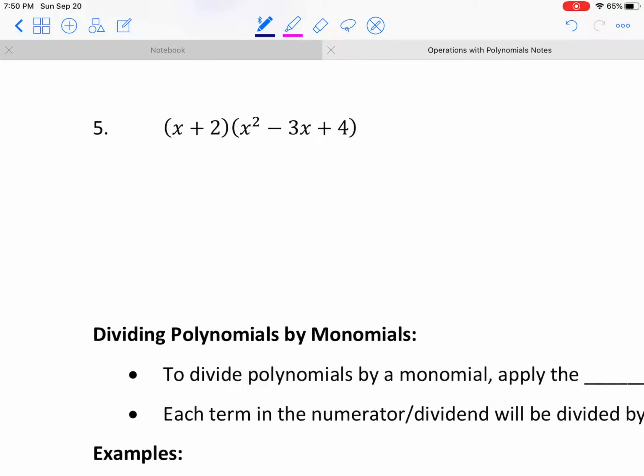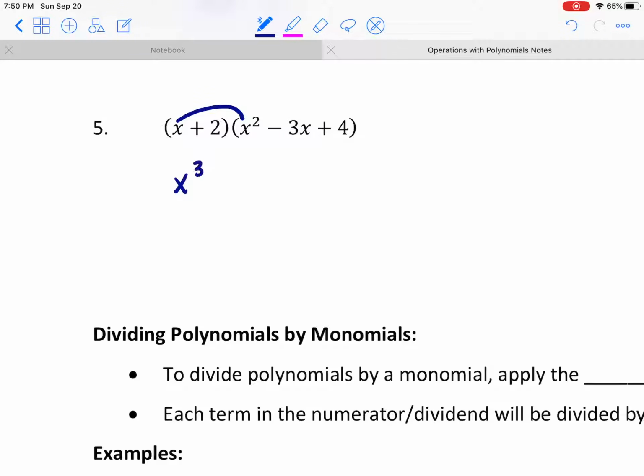How many times are we going to be using the product rule here? Well, if I'm multiplying 2 terms by 3 terms, 2 times 3, that means I should be using my product rule 6 times. So the first 3 terms we're going to get from distributing the x. So let's start here. x times x squared. The coefficients are 1, so I'll still have a coefficient of 1.